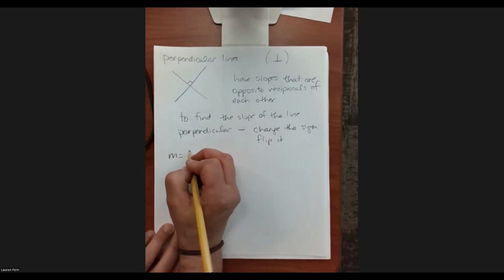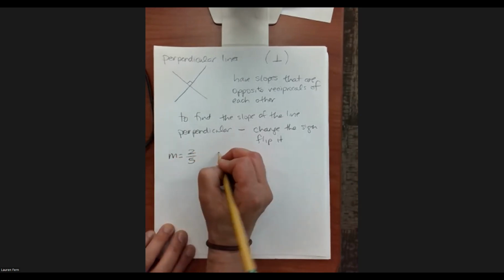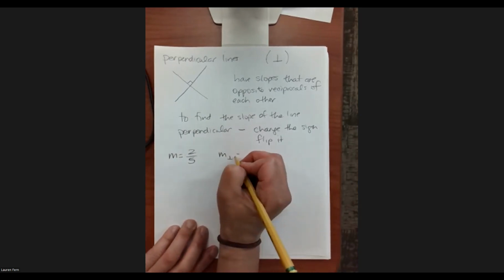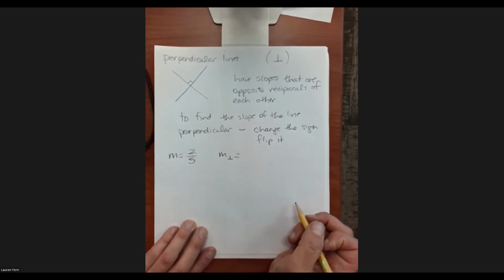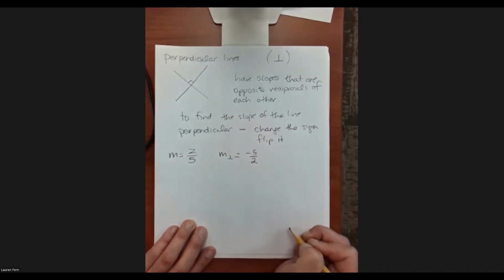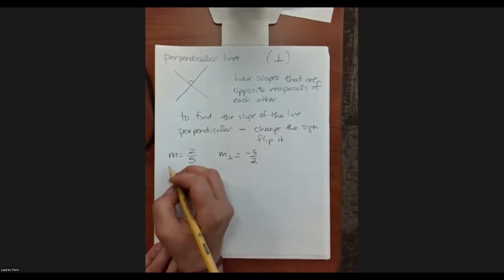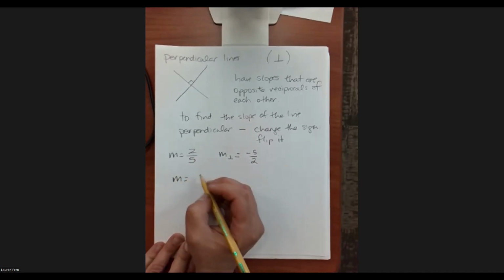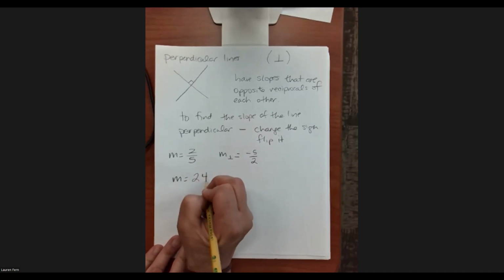So if I know, for example, that the slope of my line is 2/5, do I know the slope of my line perpendicular to it? What is it? -5/2. Suppose I know that the slope of my line is 24.